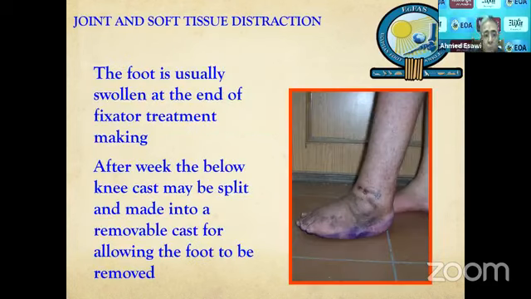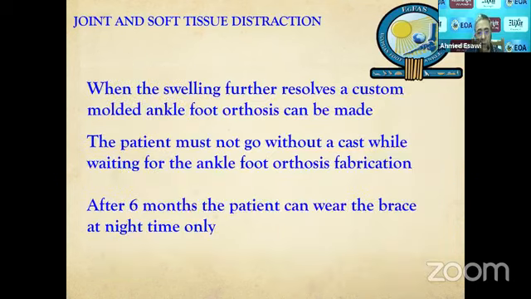As usual, when you remove the frame, the foot becomes swollen. So post-operatively, it is better to apply a plaster cast for about 1 week, and then remove it to allow a brace to be applied to the foot, and this brace must be worn all day.